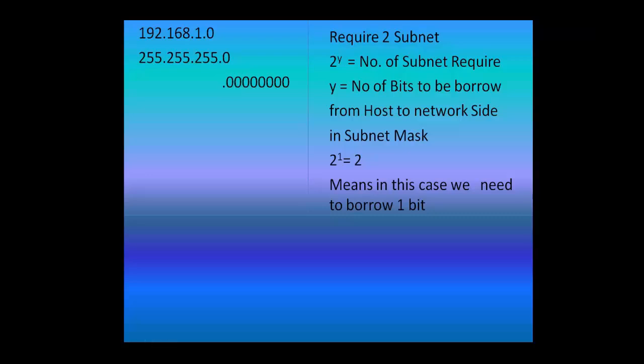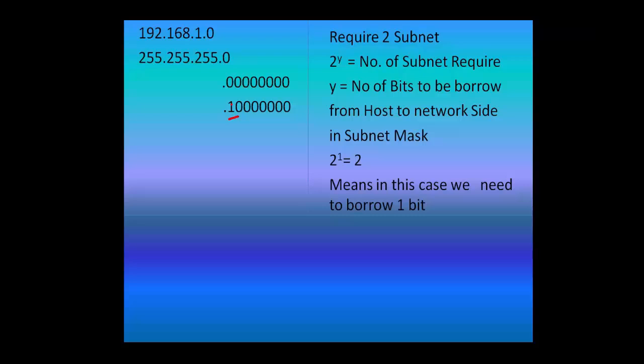So borrow 1 bit, and the new subnet mask will be this. We borrow 1 bit from the host to the network side. If it is 0, it is the host side. If it becomes 1, then it is a network bit.